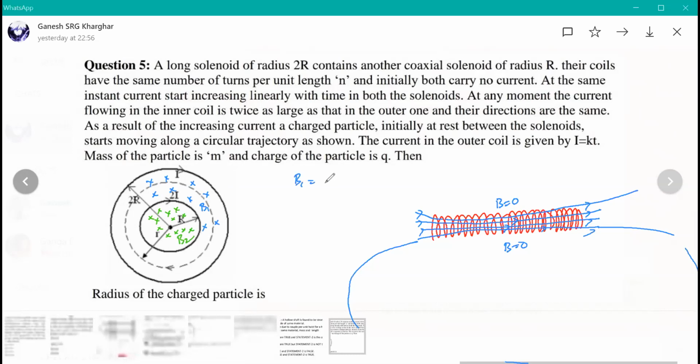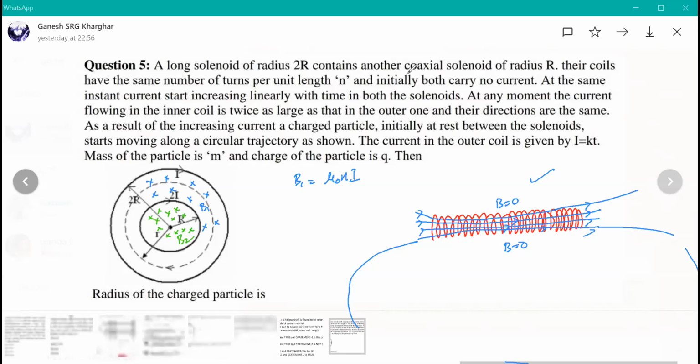So B1 will be mu naught N I, because on the outer solenoid there is a current I. In this diagram, I've shown only one solenoid.